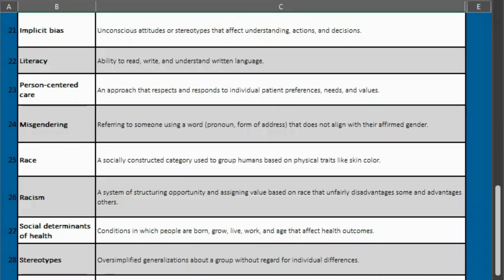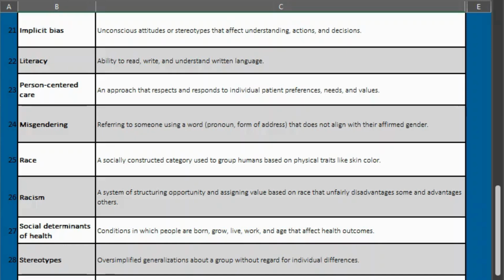Social determinants of health are the conditions in which people are born, grow, live, work, and age that affect health outcomes, meaning assess food insecurity during discharge planning.